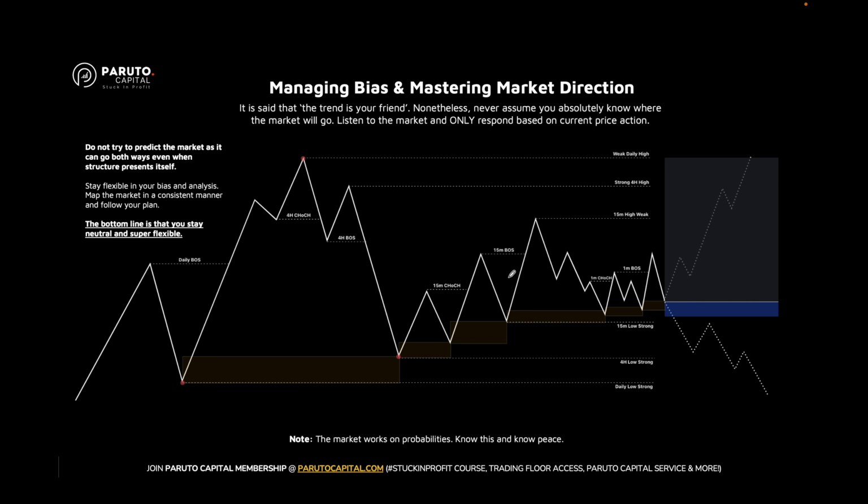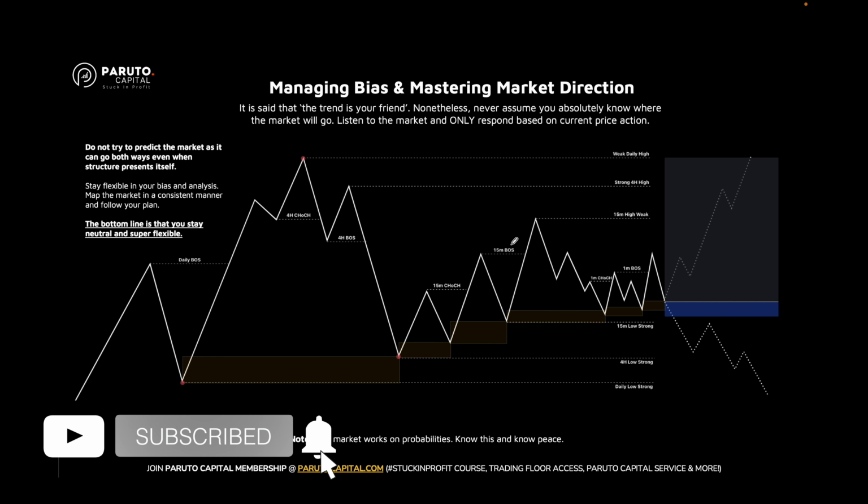Okay, so now let's talk about managing bias and mastering market direction. Now, the market will do what it will do. You can never say for certain, oh, I know what the market is going to do and the market must do what I want it to do. No, that's only going to hurt your psychology. Now, you may have your strategy, you may understand market structure. You have to be patient with it and also understand that the market can choose to go any direction.